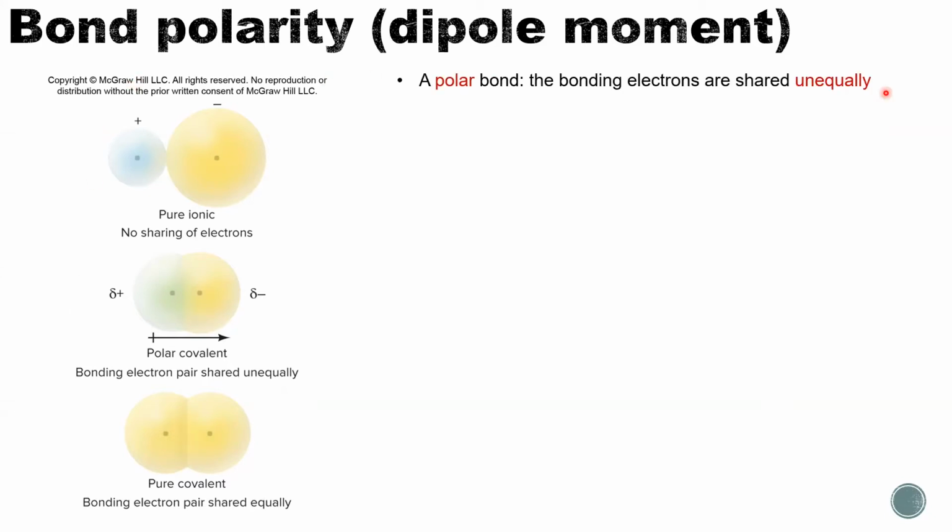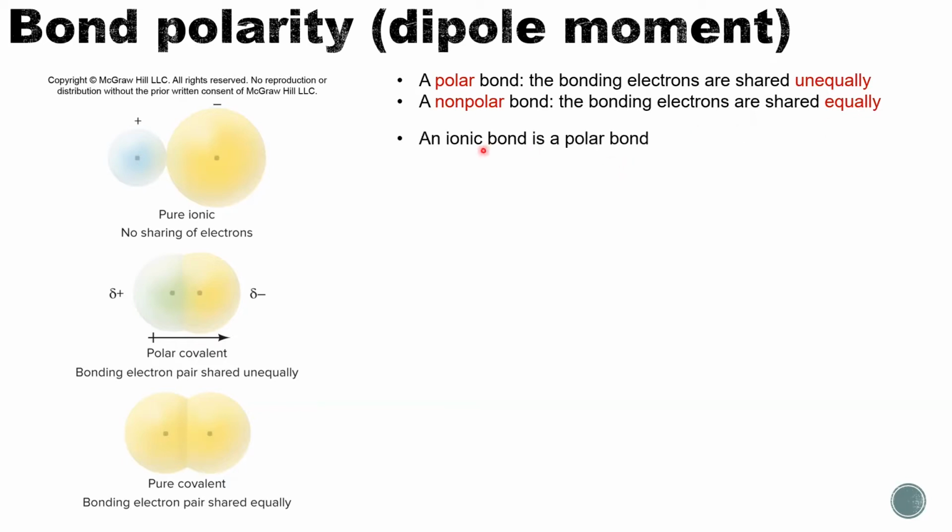A polar bond refers to a situation where the bonding electrons are shared unequally. On the other hand, a nonpolar bond refers to a situation where the bonding electrons are shared equally. By this definition, an ionic bond is a polar bond. A covalent bond can be polar or nonpolar.